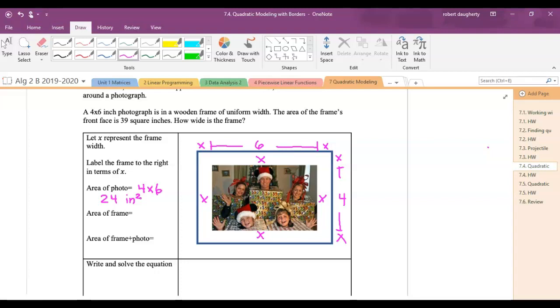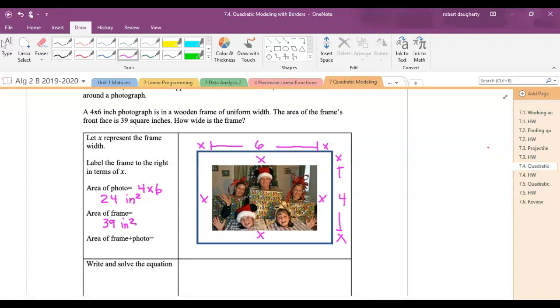No. The area of the photo is 24. The area of just the frame, do I know that? Why don't we read the problem again? Why don't we go with 39 inches? I'm not making that up. Where am I getting that from? The area of the frame is 39 inches.